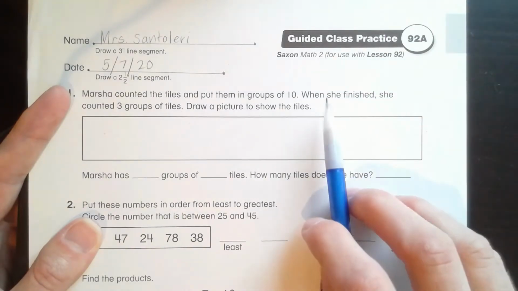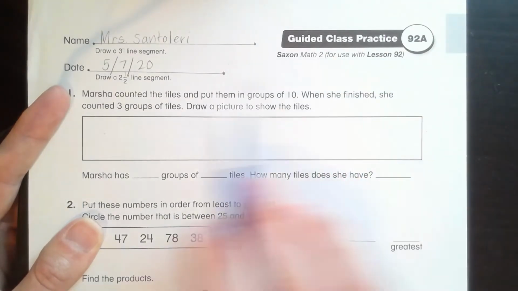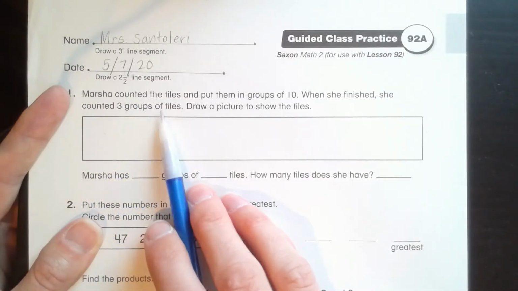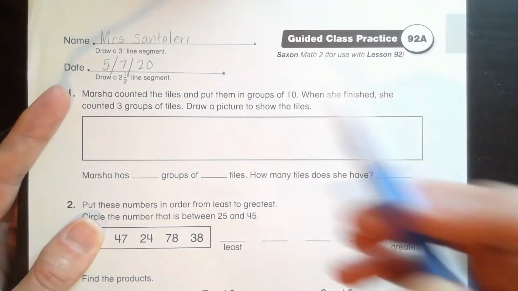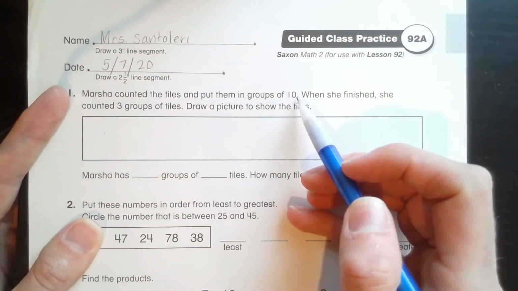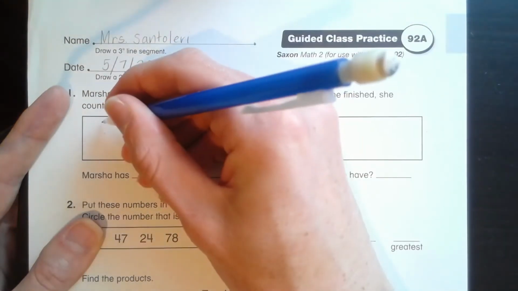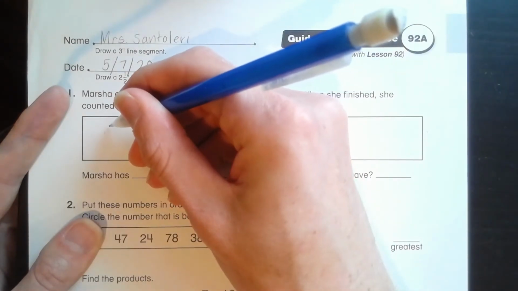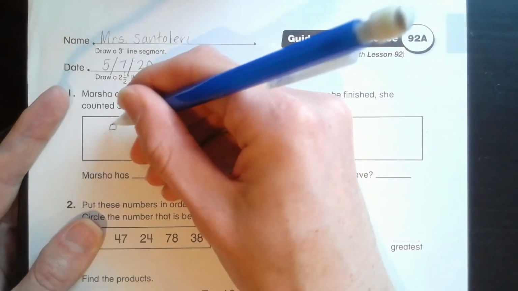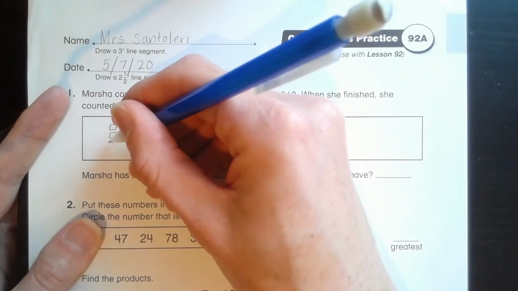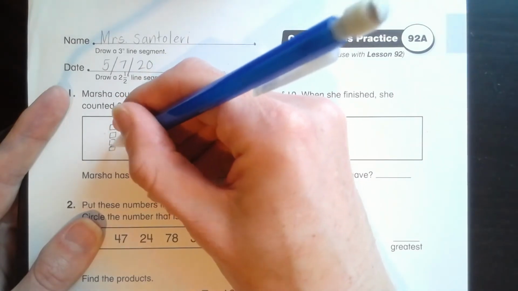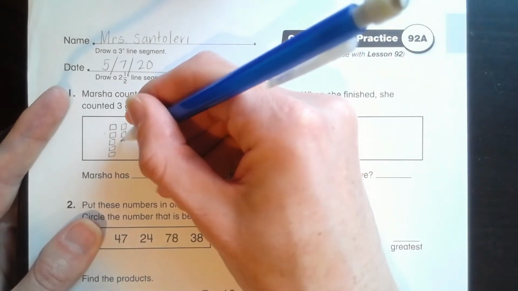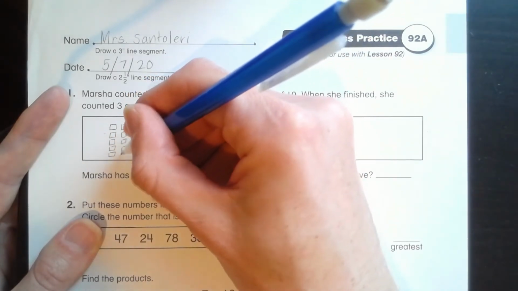Let's keep reading. When she finished, she counted 3 groups of tiles. So 10 in each group, and there's 3 groups of them. So let's draw 10 in each group. To make it easier on myself, I'm going to draw 1, 2, 3, 4, 5, 6, 7, 8, 9, 10.